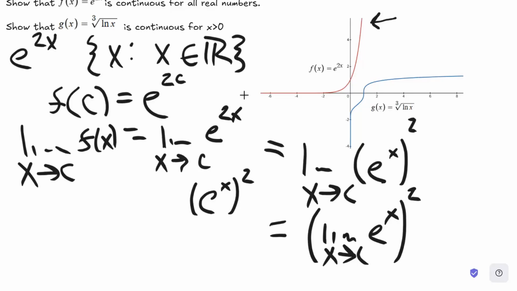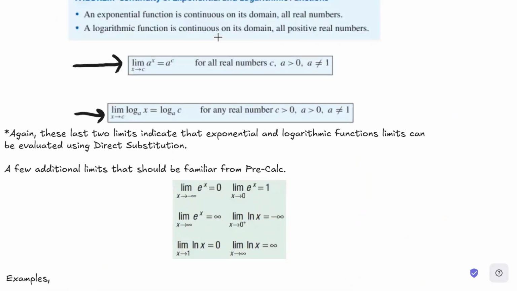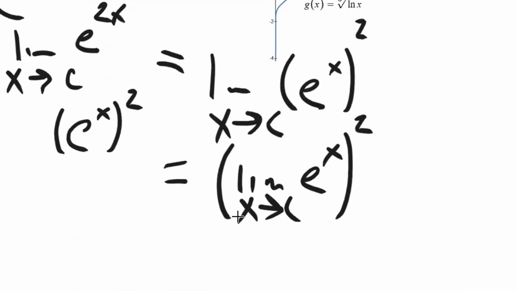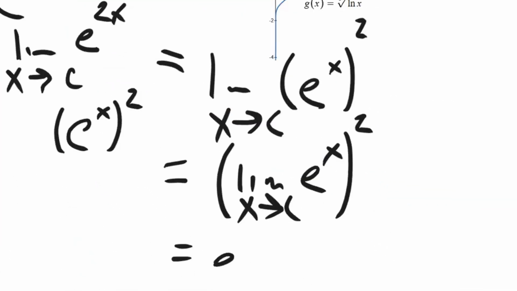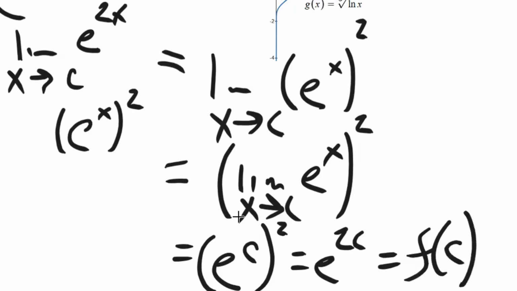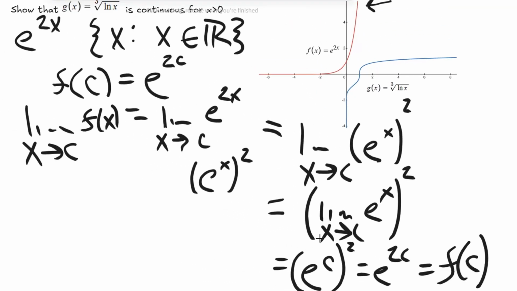And we know by the theorem up here that the limit as x approaches c of a to the x, in this case we're using base e, is a to the c, or in our case, e to the c. So this would be e to the c, squared, which is e to the 2c, which is equal to f of c. So since the limit equals the function value for any number c, then f is going to be continuous for all real numbers c.